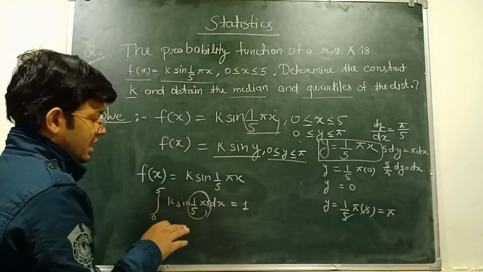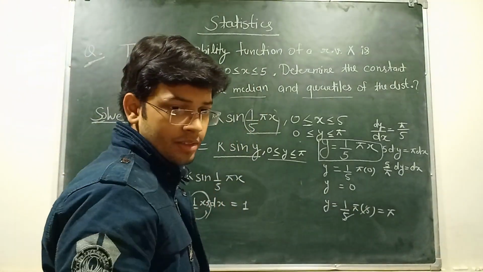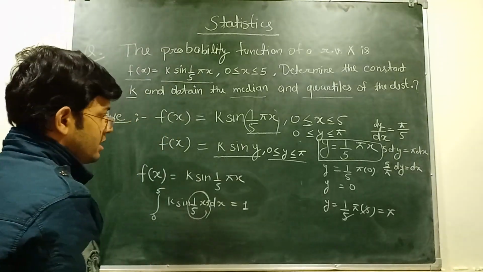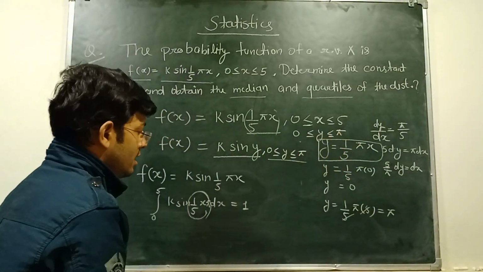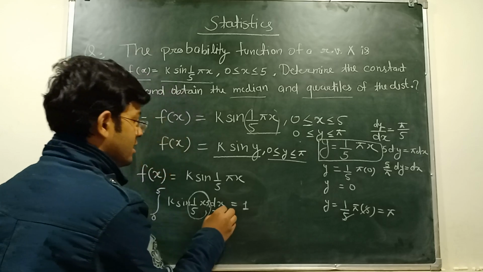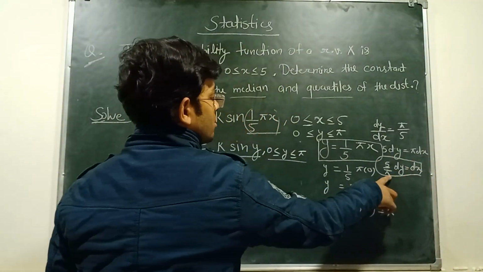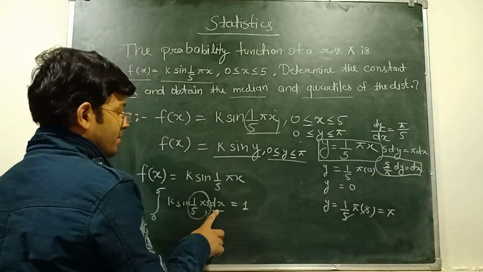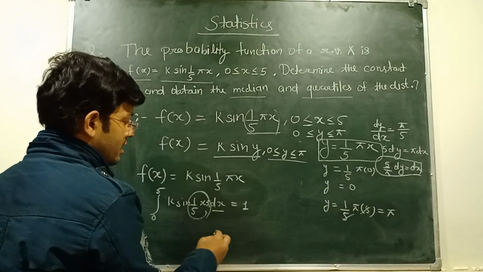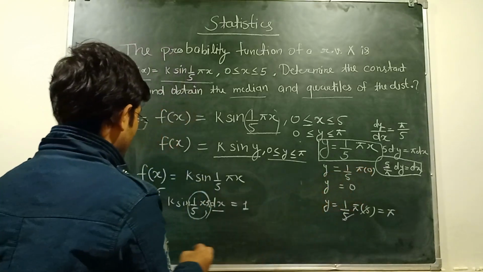So in place of dx we have to write 5/π dy.